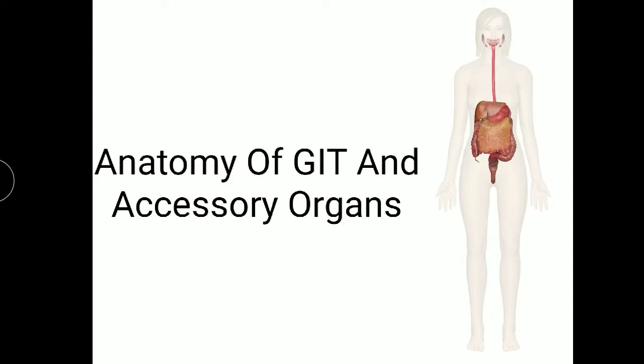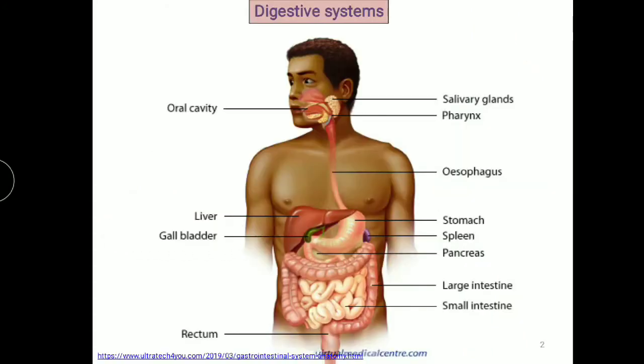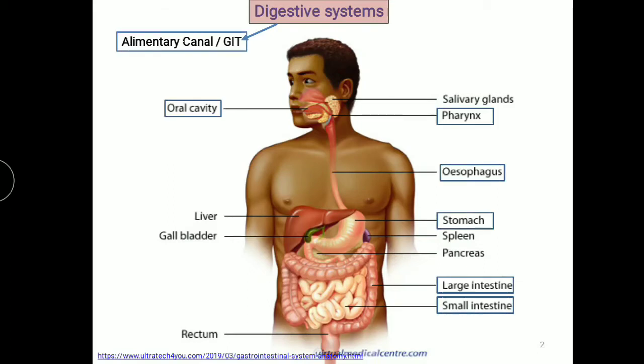Hi, in this video we are going to learn the anatomy of GIT and accessory organs of digestion. The easiest way to understand the digestive system is to divide its organs into two main categories. The first group is the organs that make up the alimentary canal.